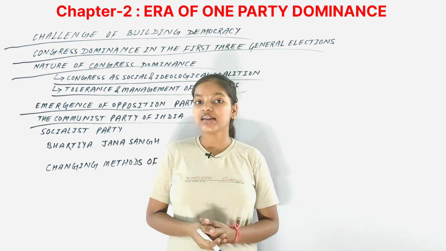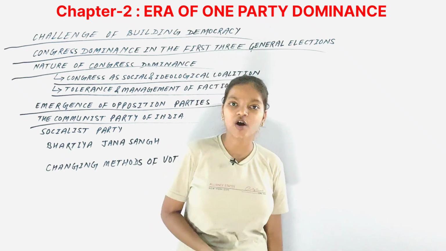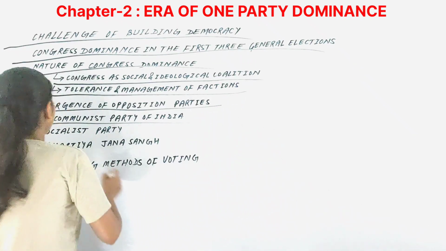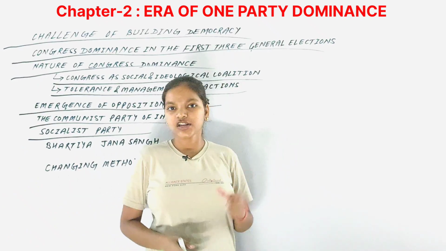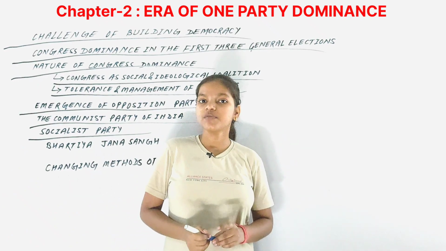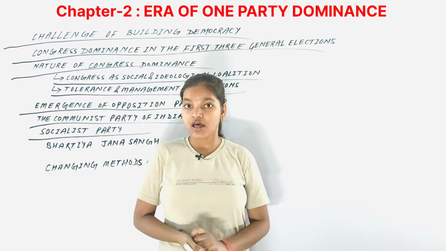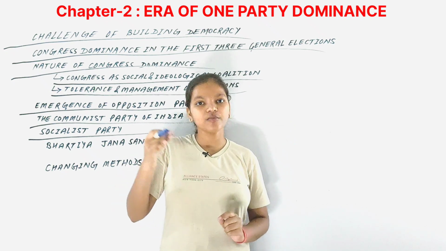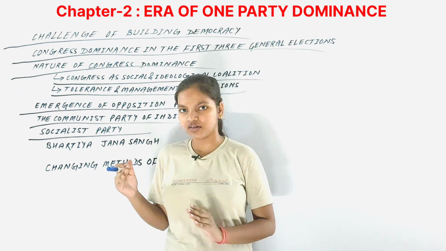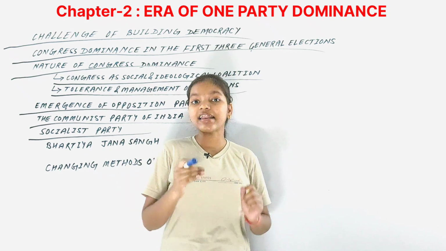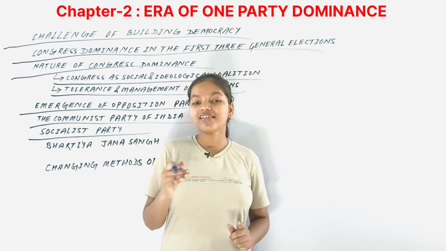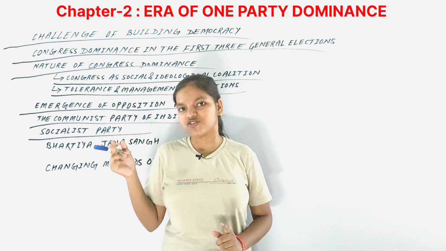The next party that comes up in our list of opposition parties is the Socialist Party. Now this party was also based on the idea of socialism, but it was different from the Congress Party and the Communist Party because it considered socialism to be established in a democratic manner, while the Communist Party was an extremist party.